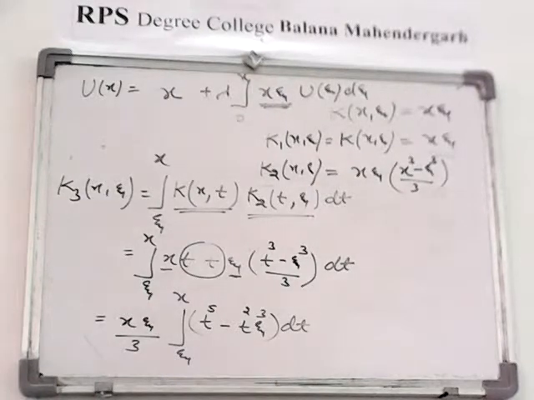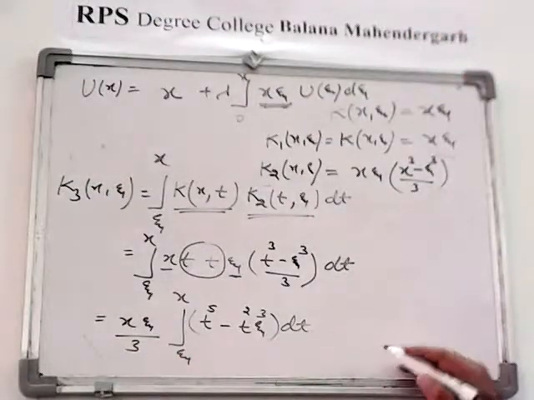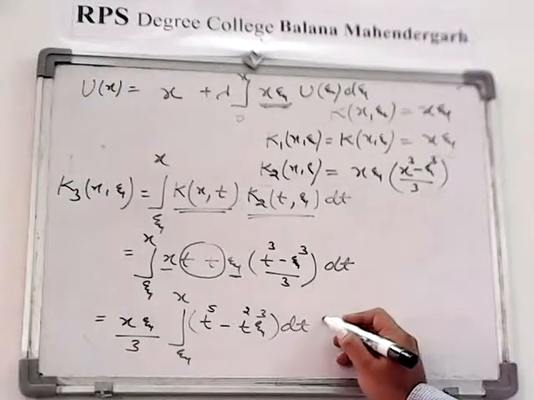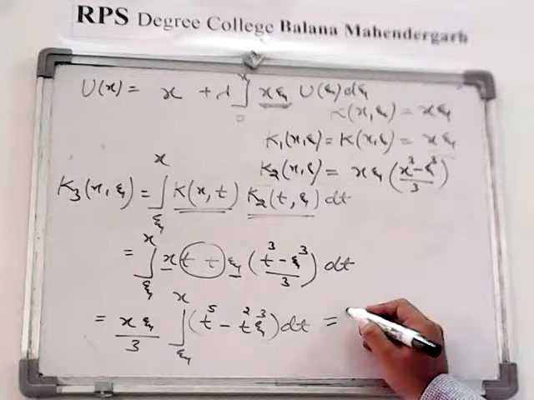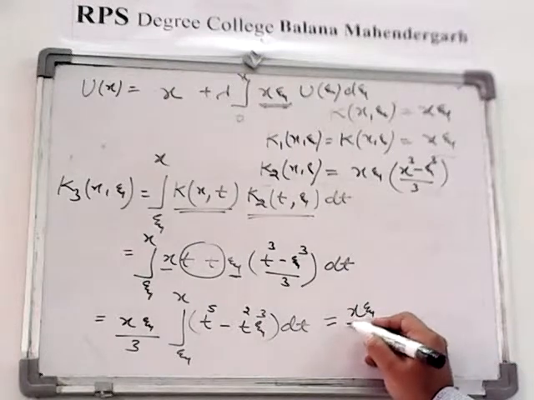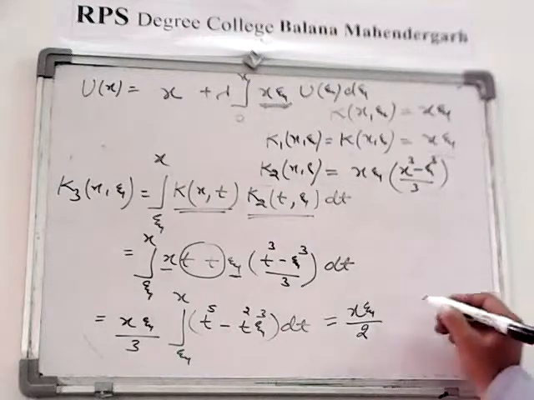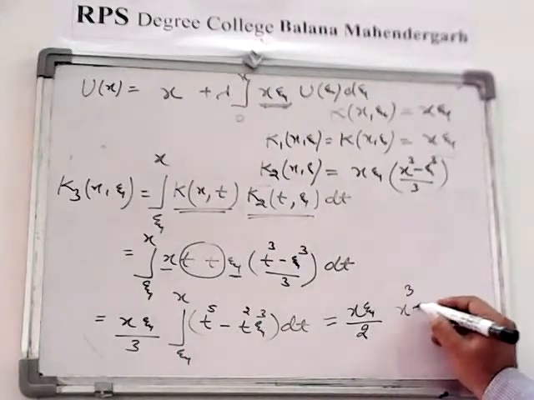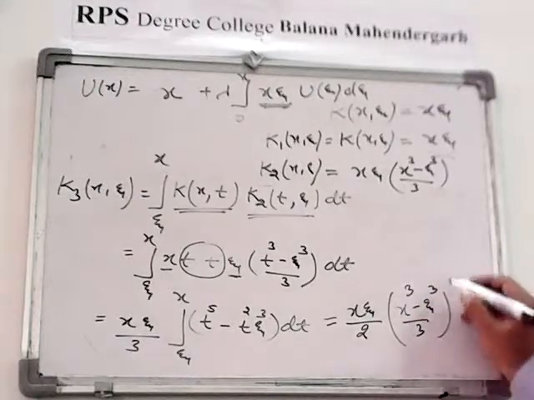After the simplification, try to solve this integration, and after the overall simplification, our answer will be x xi divided by 2, times x cube minus xi cube by 3, whole square.